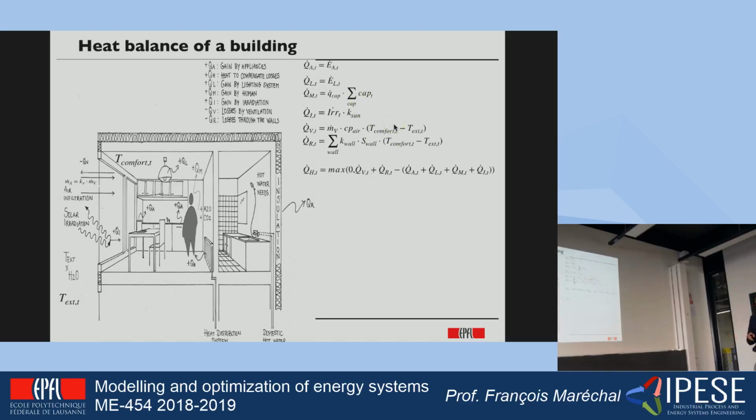So it means that we will be happy in a room that is between 21 ideally, and 26. Above 26, we are going to say, okay, it would be nice to have air conditioning. And in between, there is no need to heat and there is no need to cool. Okay? But it means that now I have a formula that allows me to calculate how much heat I need to supply to this building. Okay, so now we are happy because we have the formula.